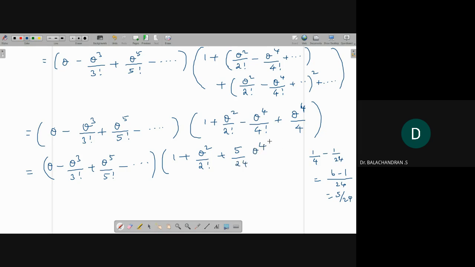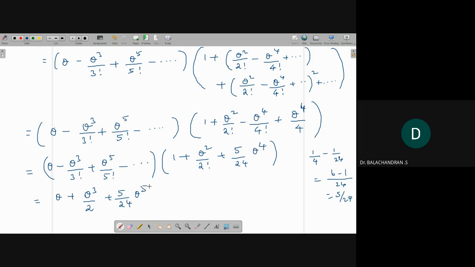Okay, so I'll stop here. Then multiply theta into everything. So theta cube by 2 factorial is 2. 5 by 24 into theta power 5.